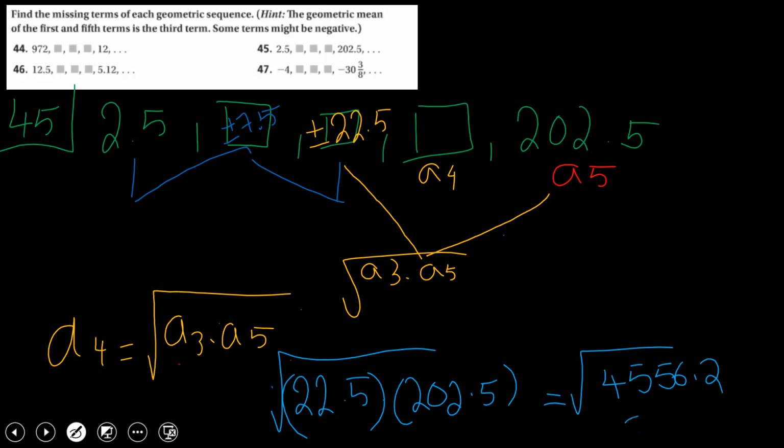The answer will be 67.5. This gives the missing terms A sub 2, A sub 3, and A sub 4.